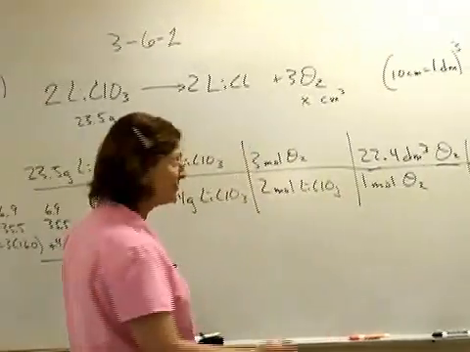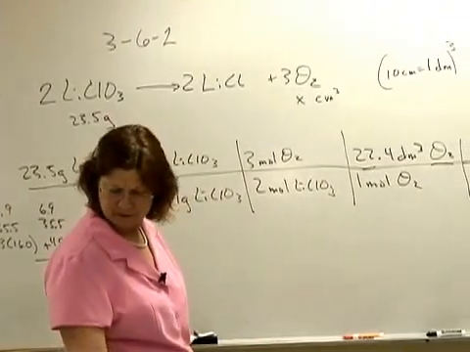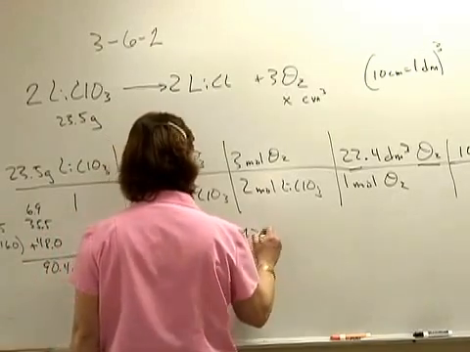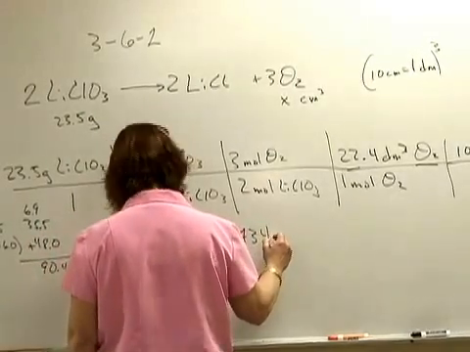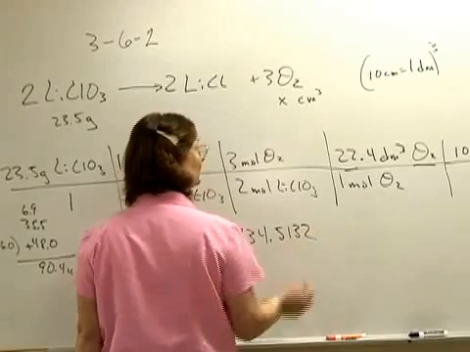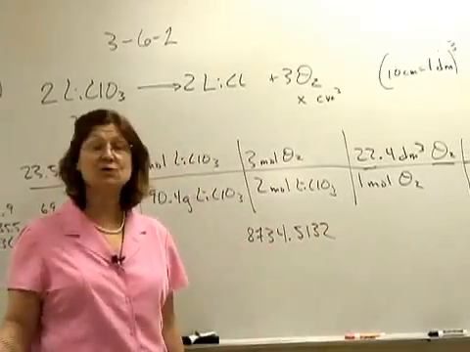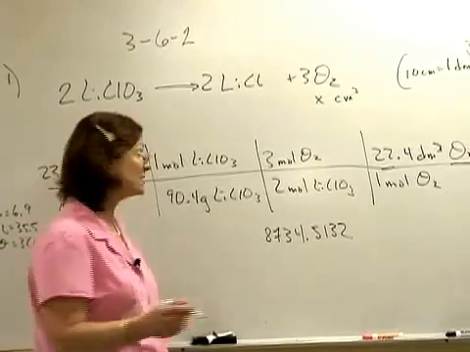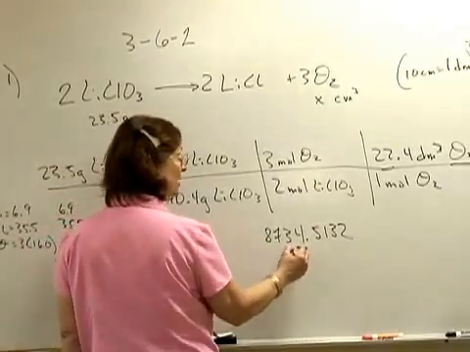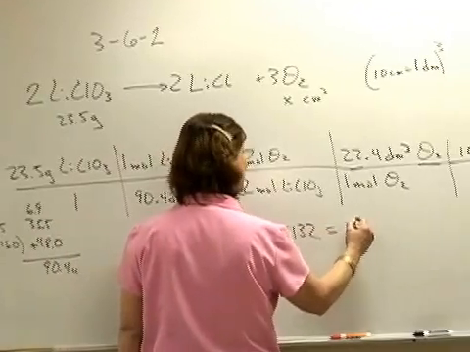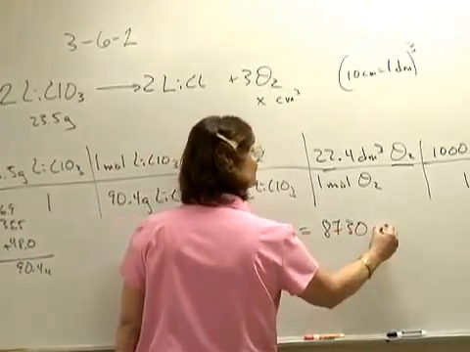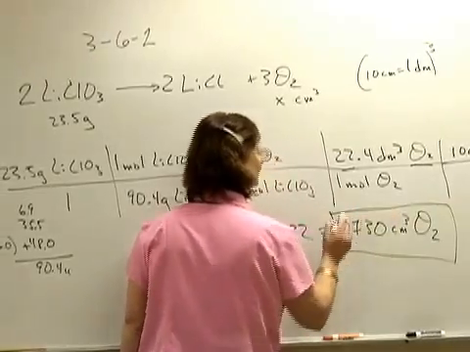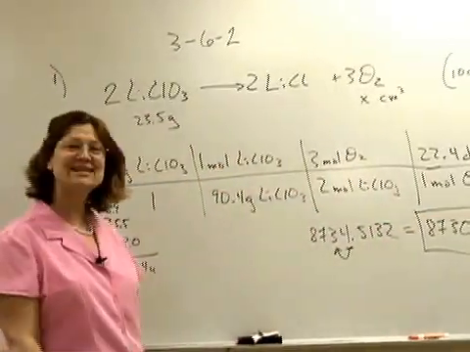And this number comes out to be 8734.5132. I look back to my original problem and there's only 1 number with 3 significant digits. The 4 does not round the 3 up, and therefore my final answer is 8730 centimeters cubed of oxygen. And that's how you do number 1.